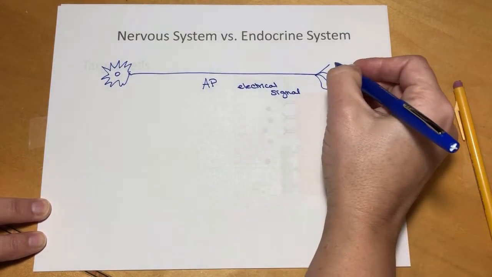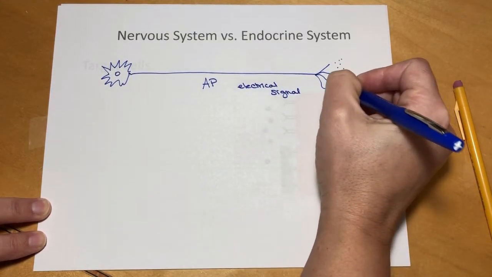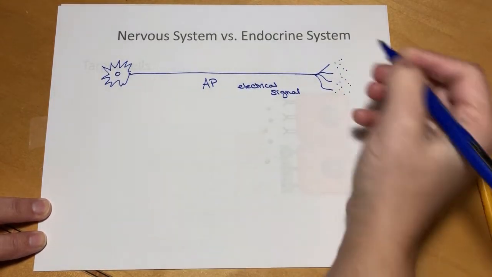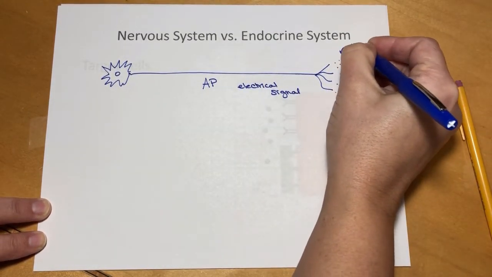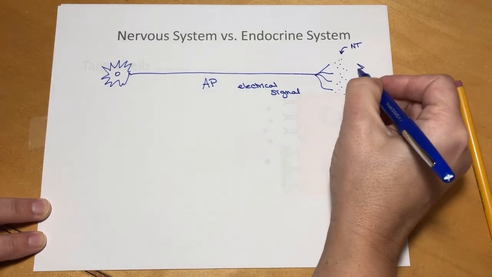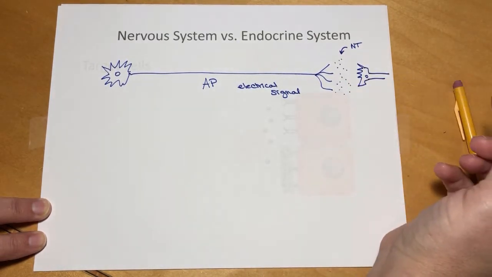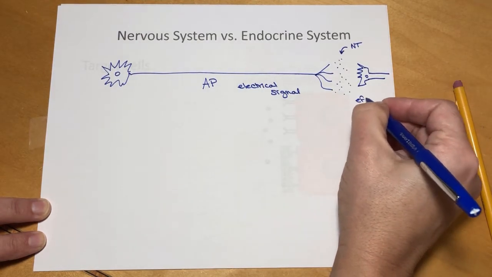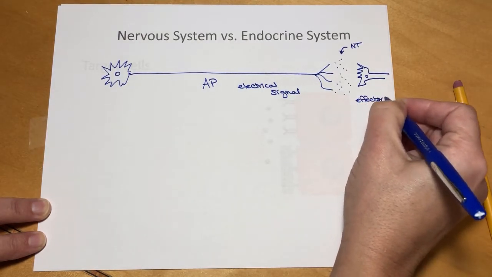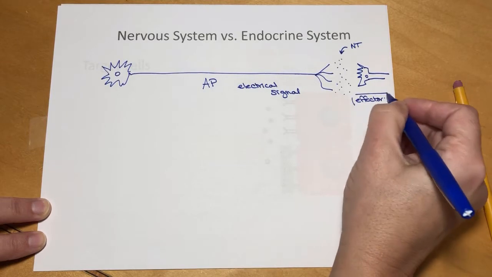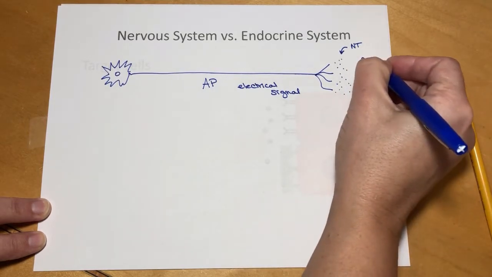At the terminal end, we do have chemical signals that are released in the form of neurotransmitter, which is then picked up by either another neuron or some type of effector. These effectors can be either skeletal muscle, smooth muscle, maybe cardiac muscle, or glands.